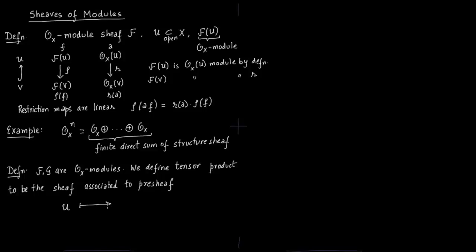U is mapped to F of U tensored with G of U. Because F of U is an OX of U module, so is G of U, so you tensor over OX of U, and this tensor product that you get is also an OX module.